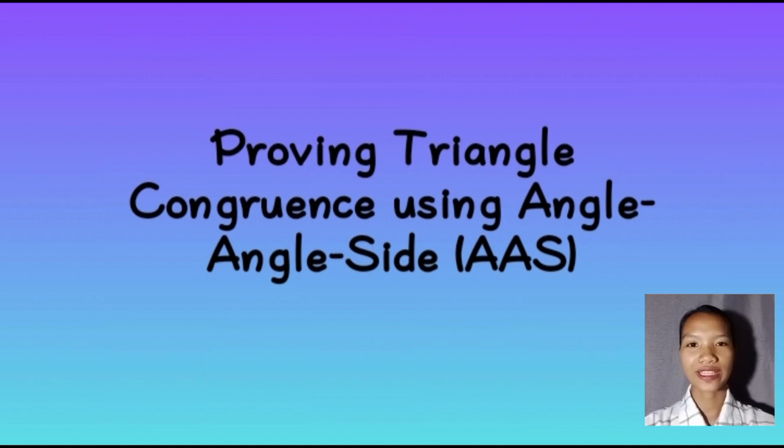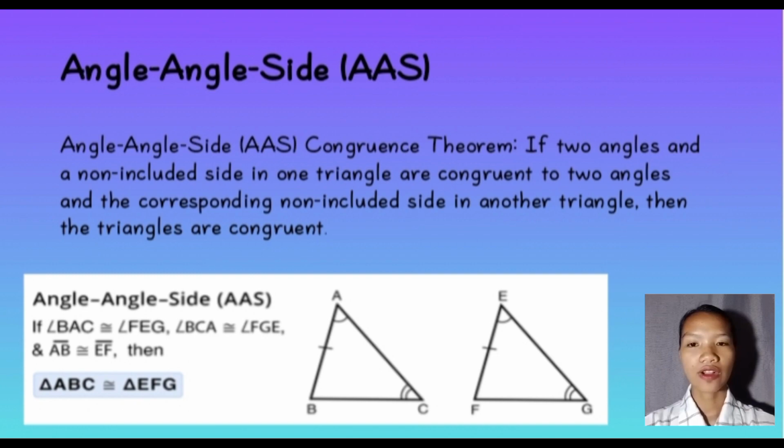Good day, everyone. The topic that I will discuss today is proving triangle congruence using angle-angle-side, or AAS. The AAS congruence theorem states: if two angles and a non-included side in one triangle are congruent to two angles and the corresponding non-included side in another triangle, then the triangles are congruent.